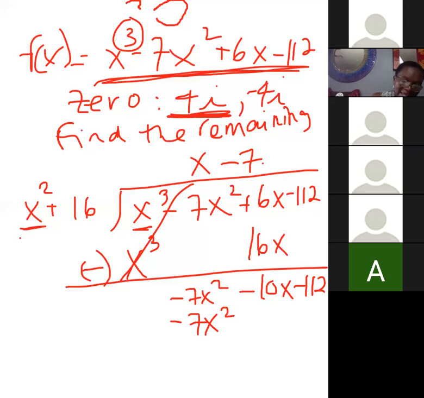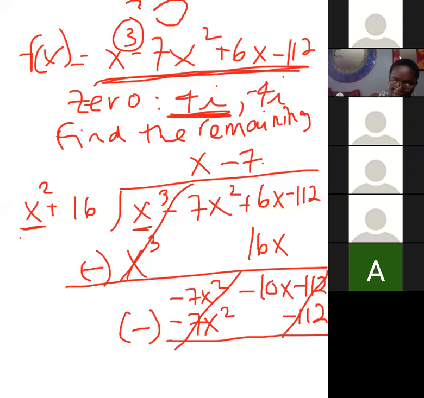Now negative 7 times 16, that's going to be negative 112. Somebody check me on that, please. Yeah, okay, very good. So now we're going to subtract. Look at what happens. This cancels out. This cancels out, leaving you with a negative 10x.